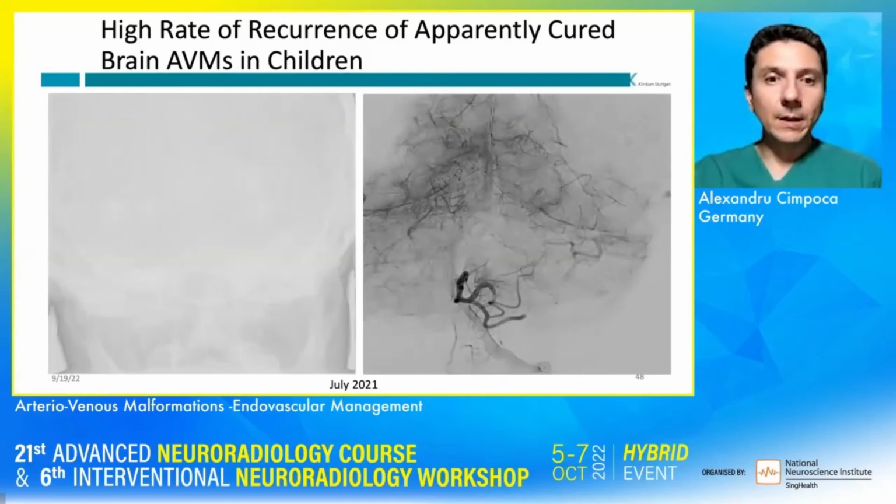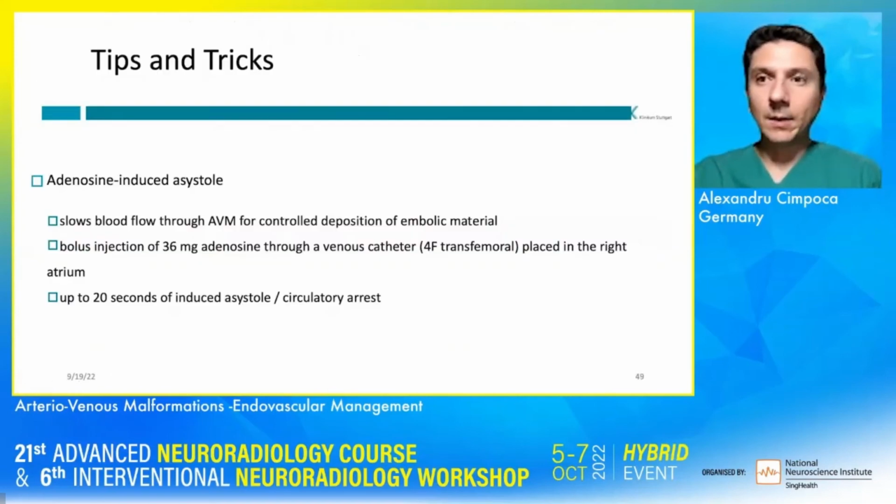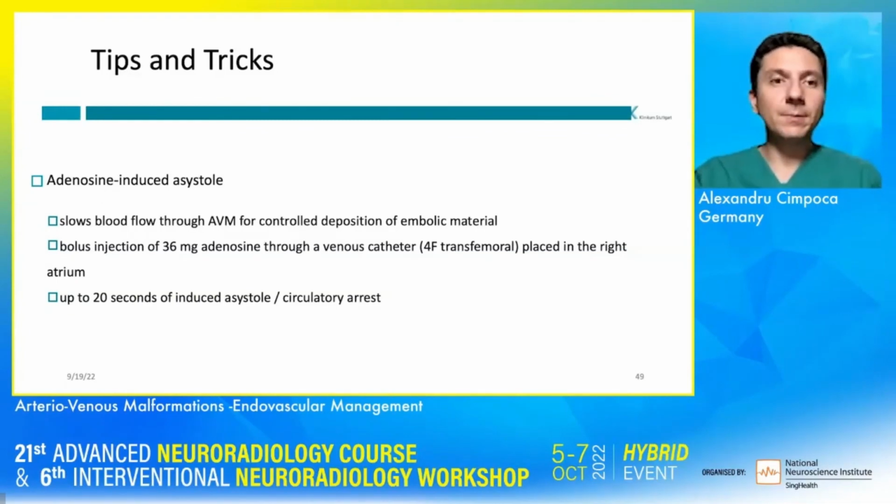Okay, so on the next slide, we're going to talk about tips and tricks, especially about adenosine-induced asystole. We use that in high-flow AVMs. What it does is slow the blood flow through the AVM for a controlled deposition of the embolic material.